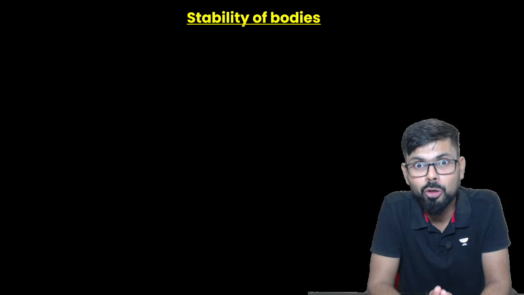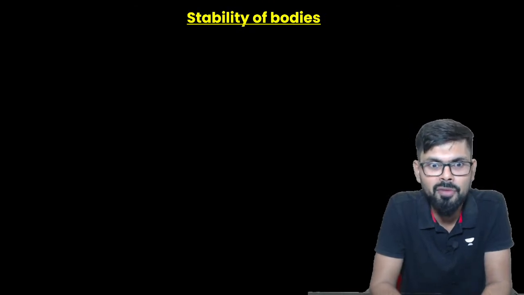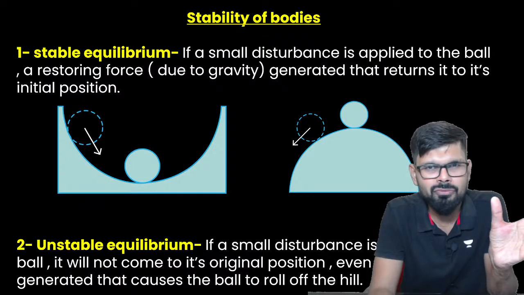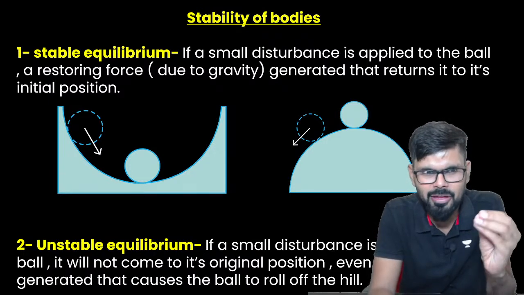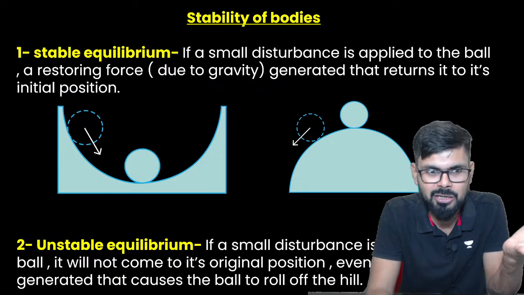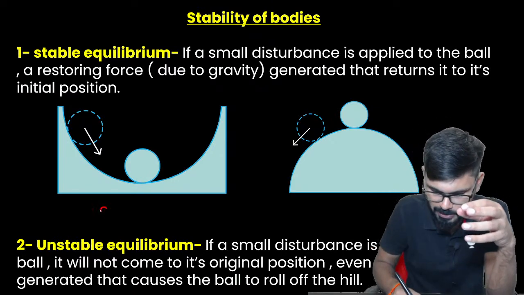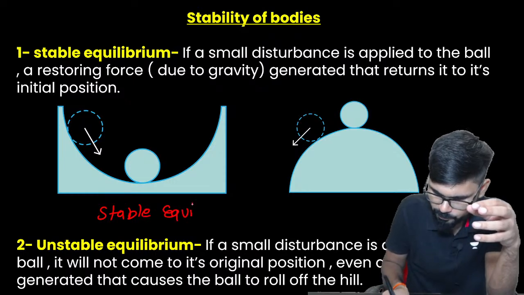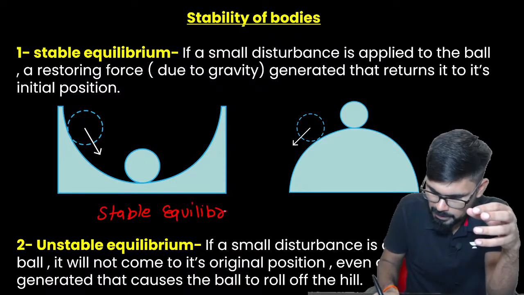We were discussing the stability of bodies, right? I told you that there are three types of stability or three types of equilibrium. I just want to recall all these concepts, whatever I discussed in the previous video, in 5 minutes. So the first one is stable equilibrium, right?